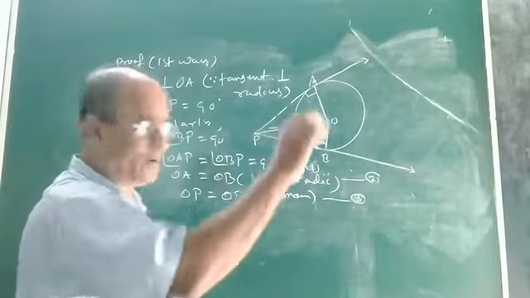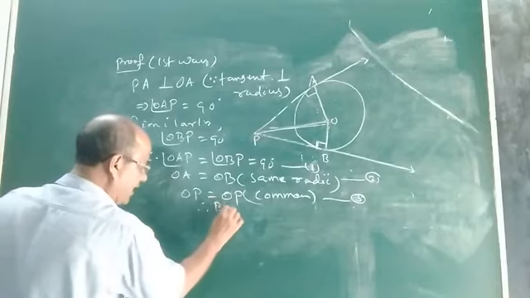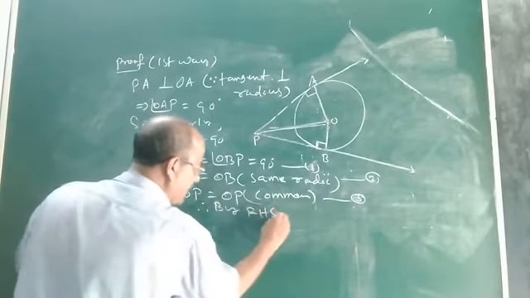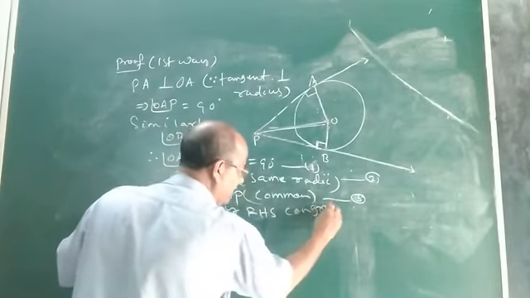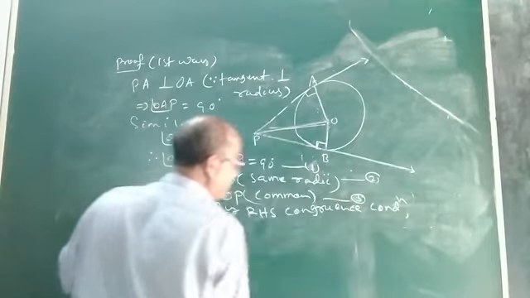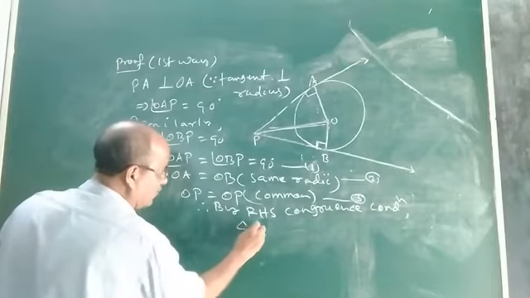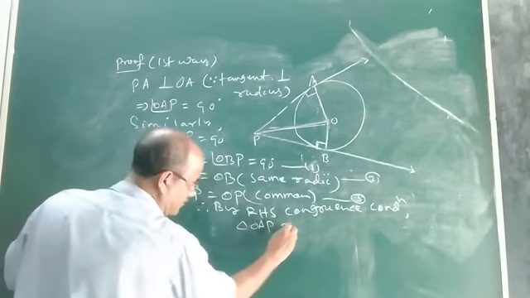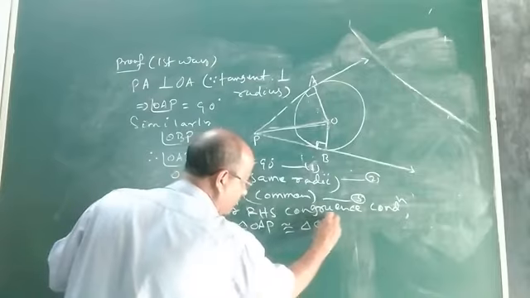So by right angle hypotenuse side, by the RHS congruence condition, it is established that triangle OAP is congruent to triangle OBP.